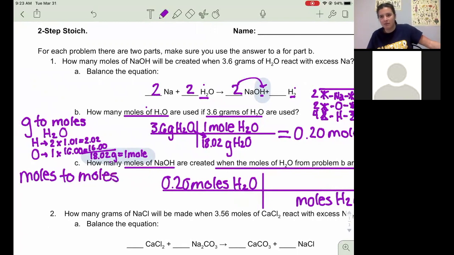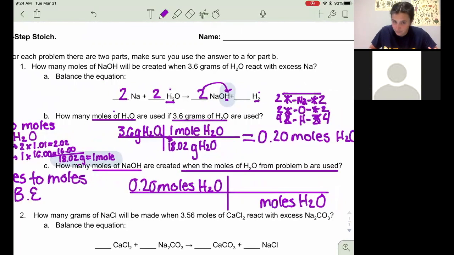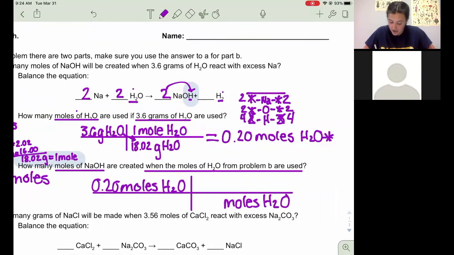So do I need my periodic table for this? No, because I'm not using grams at all. I just need this balanced equation up here, because that's all I need when I am going from moles to moles. So I have my moles of water on the bottom. I put the moles of what I'm trying to find on top, moles of NaOH, and I get my values from my coefficients up top. 2 moles of water, 2 moles of NaOH. And then I go ahead and I solve.